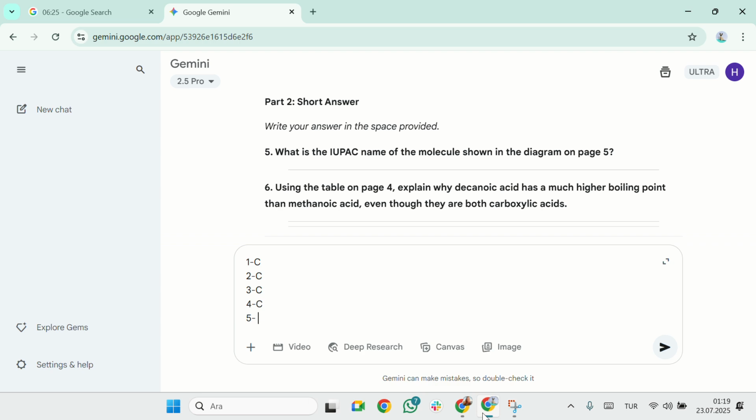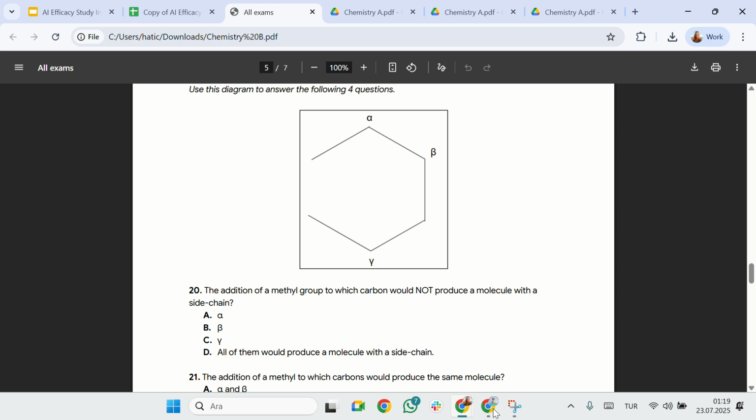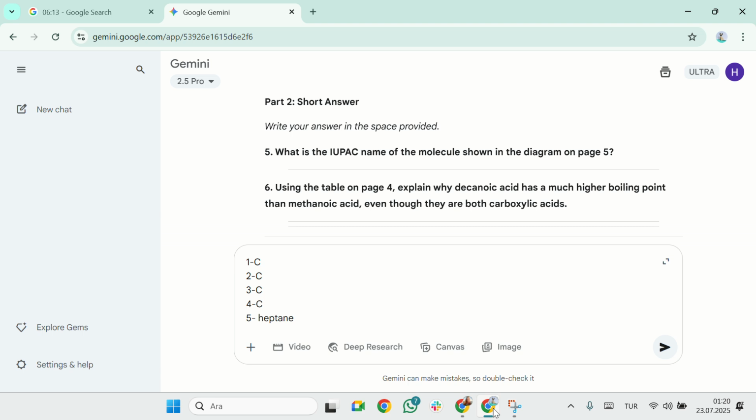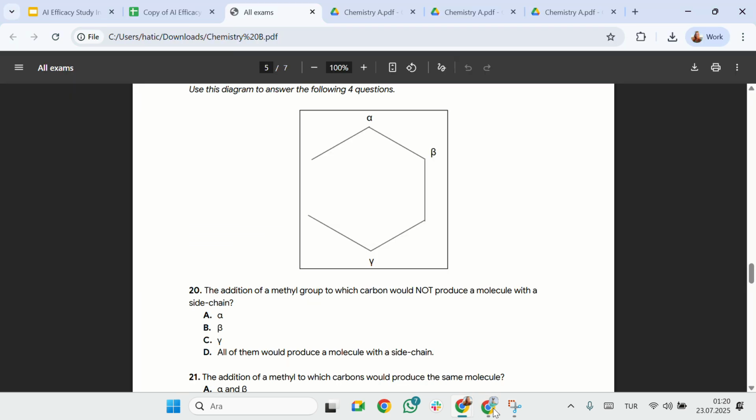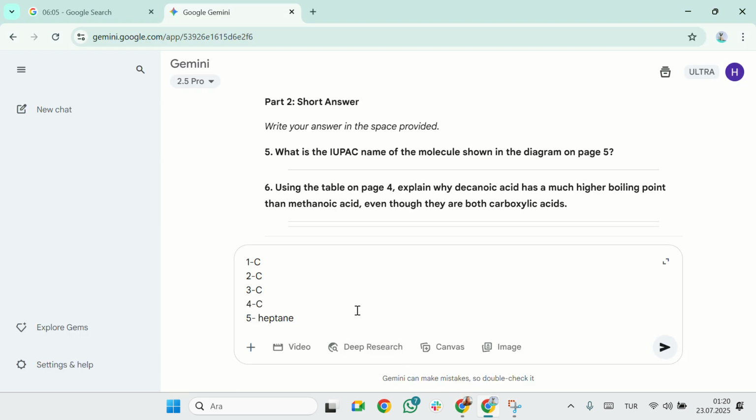Is this heptane? Let's say it's heptane. But do we have any branches? No, we don't have. I'm going to go with heptane. Let's move on with 6.